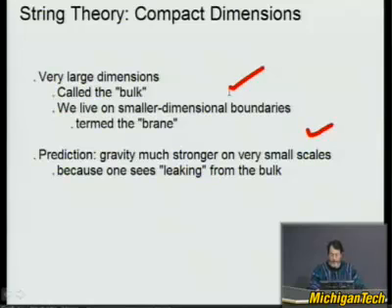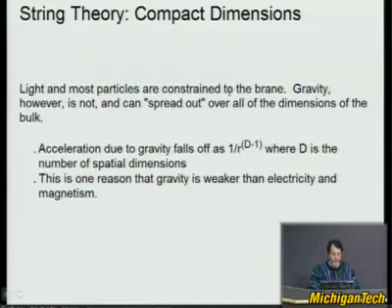So gravity acts differently, usually, as described in string theories. Light and most particles are constrained to be on the brane. Gravity, however, is not, and can spread out over all of the dimensions of the bulk. Acceleration due to gravity falls off as r to the d minus 1, where d is the number of spatial dimensions. This is one reason that gravity is weaker than electricity and magnetism.